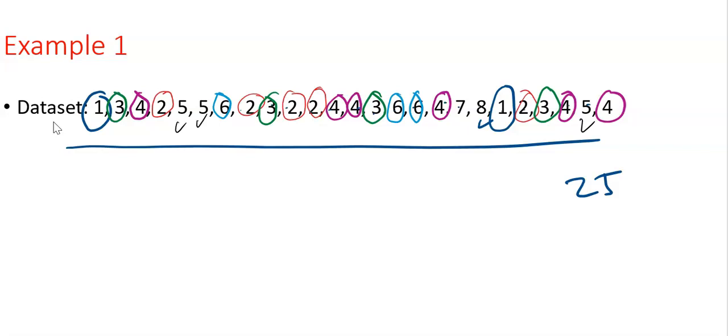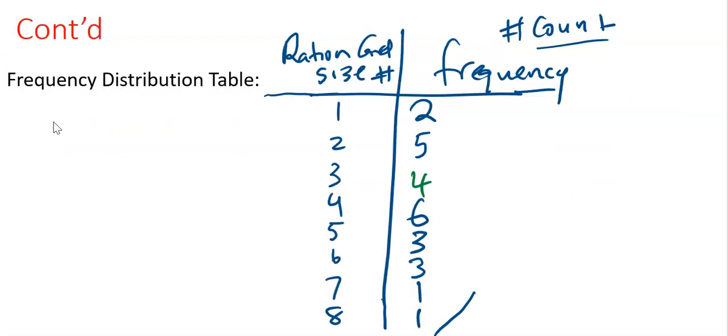So you have 25 data points. When you add the frequency column, you also have to get the same number, 25. So 2 plus 5 is 7. 4 plus 6 is 10, so that is 17, 20, 23, 24, 25. Okay, so that is the same.